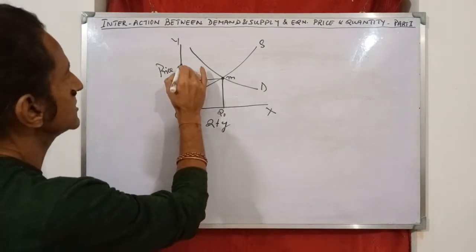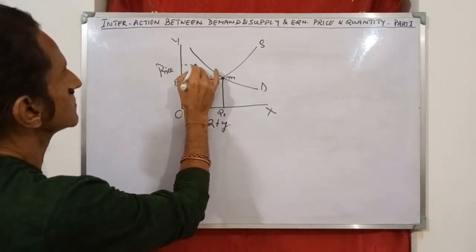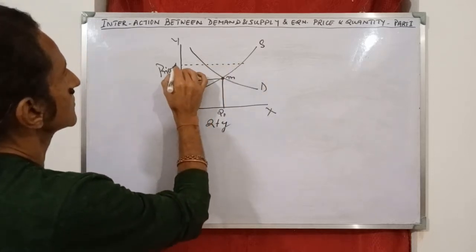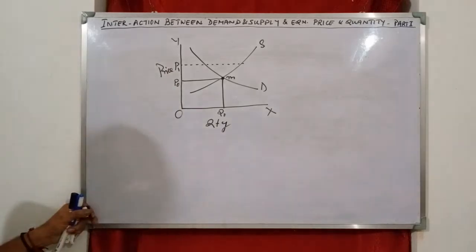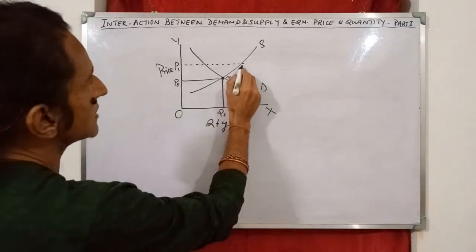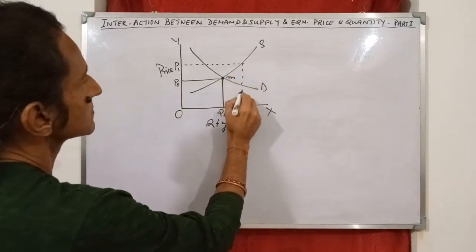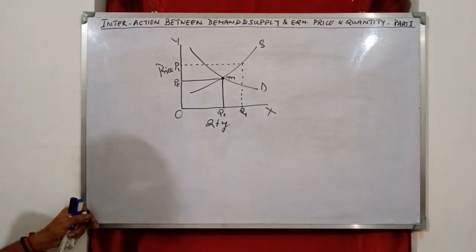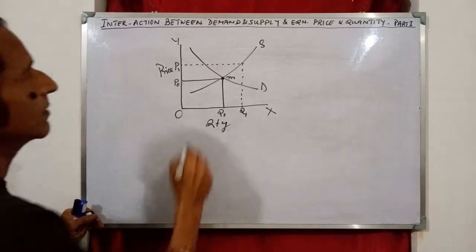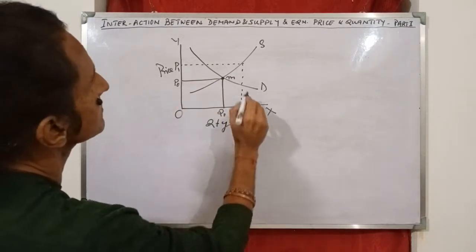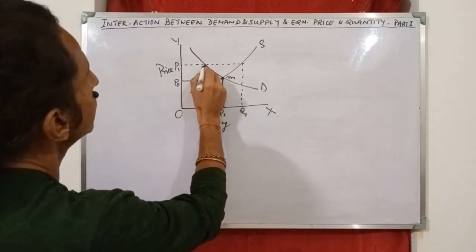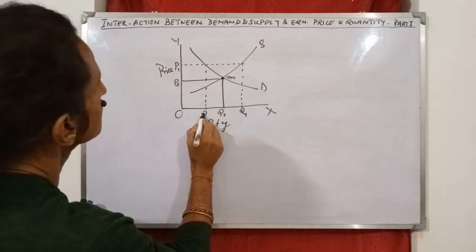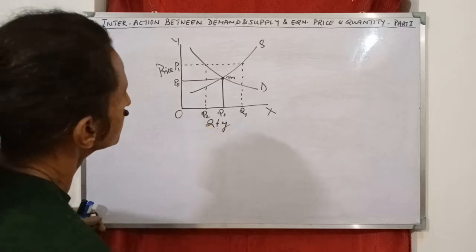Now take this price, say P1. At P1 price, supply is Q1, but demand is, say this is Q2.